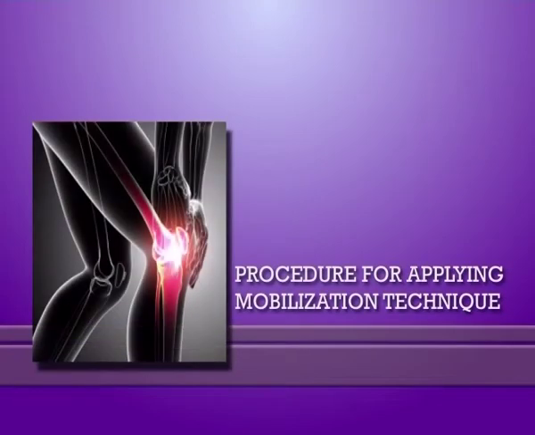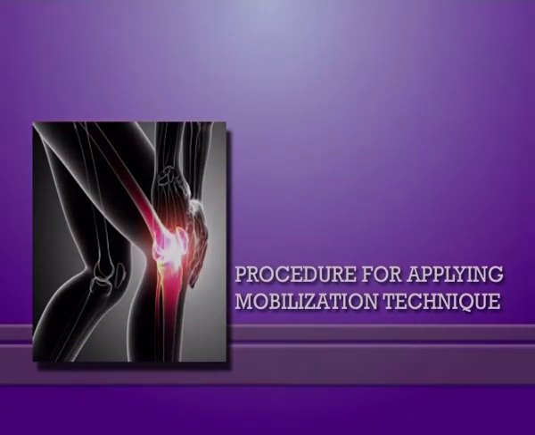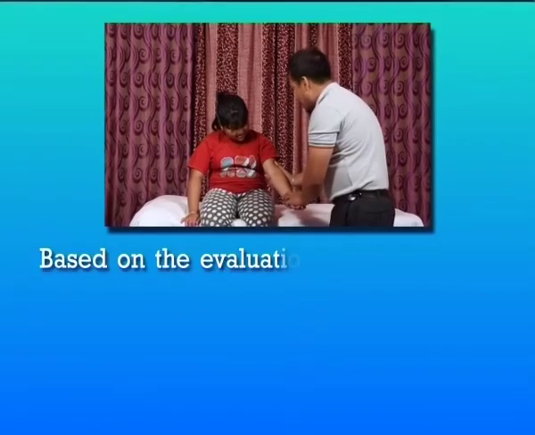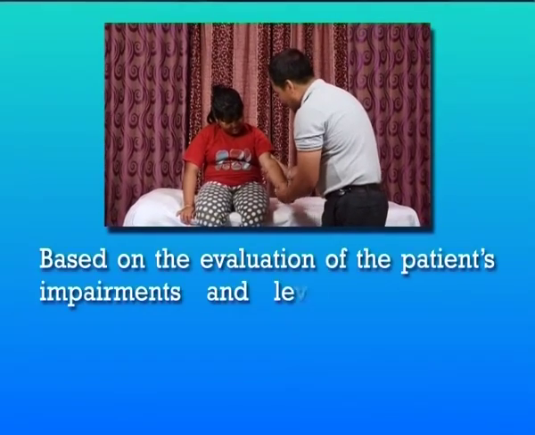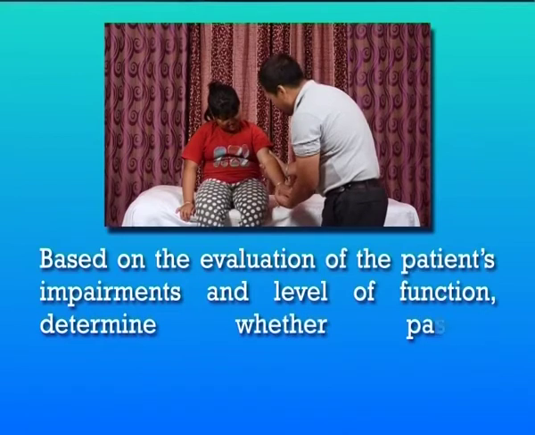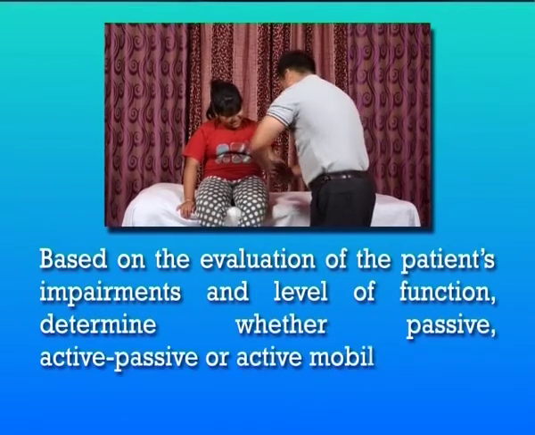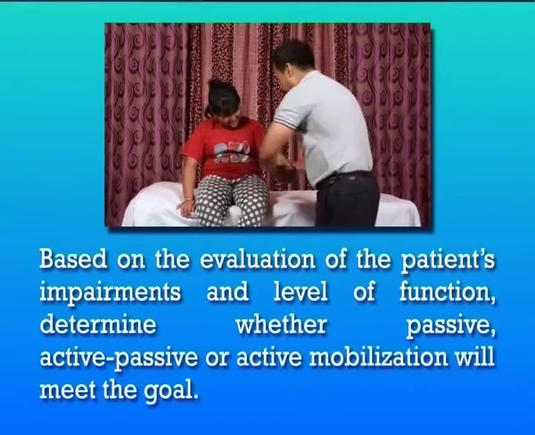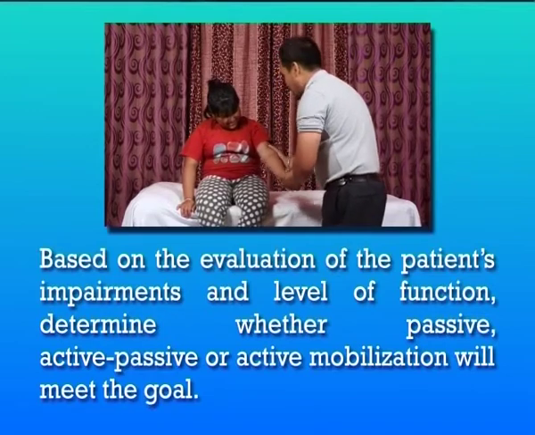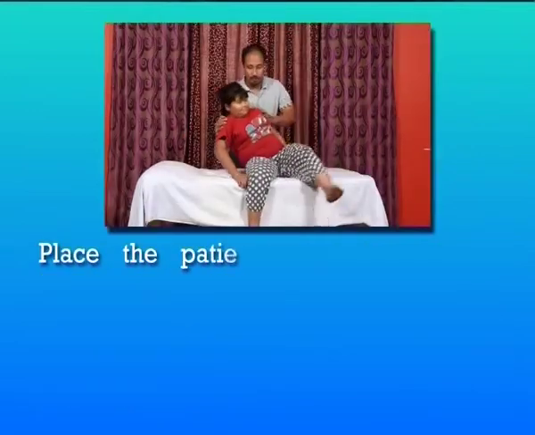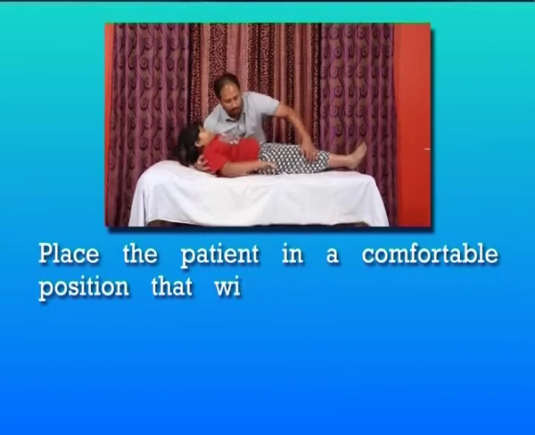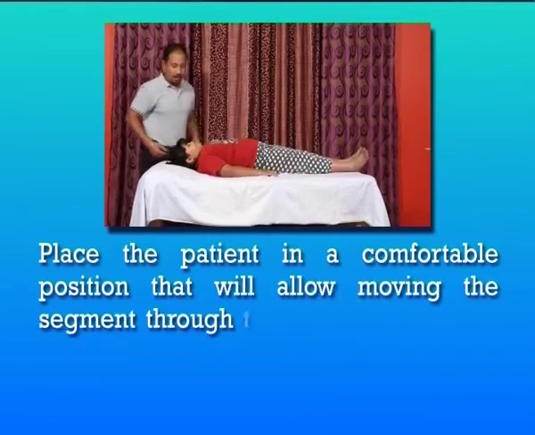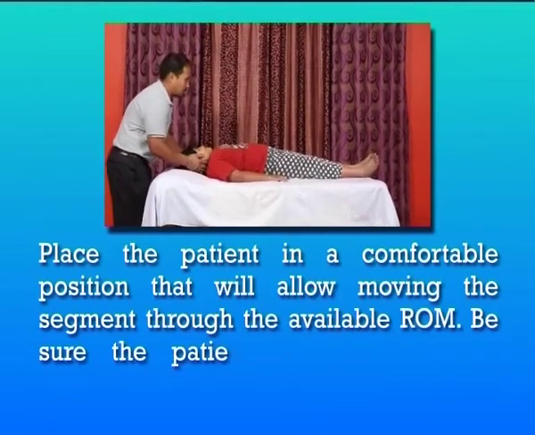The next topic is procedure for applying mobilization technique. Based on the evaluation of the patient's impairment and levels of function, determine whether passive, active-assisted or active mobilization will meet the goal. Place the patient in a comfortable position that will allow the segment through the available range of motion.